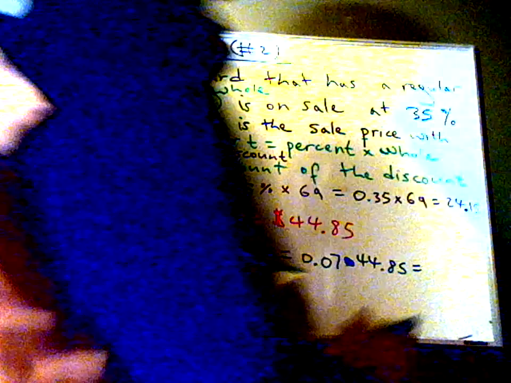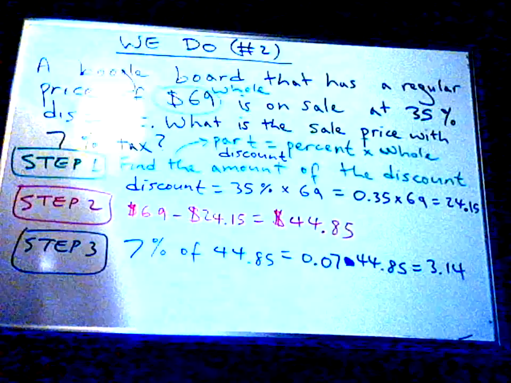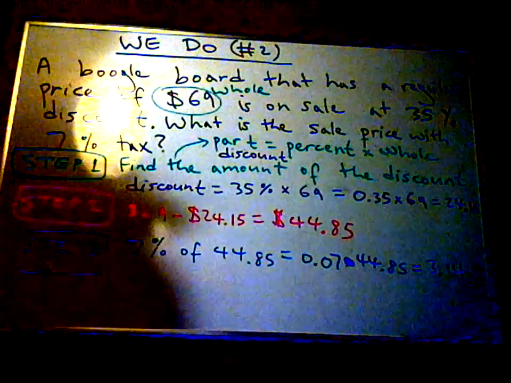Use a dot to multiply. And when I multiply, I'm going to get 3.14. This is not pi, this is just the number 3.14.